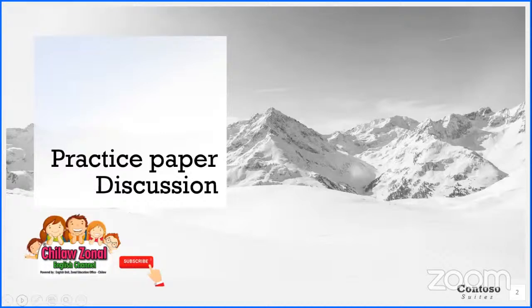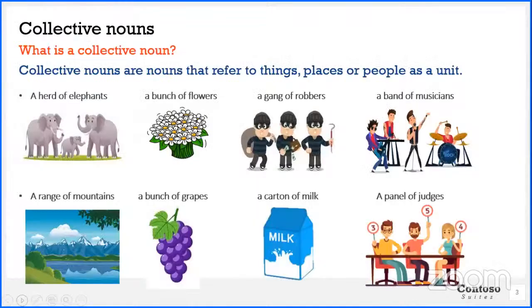Here I have given some examples for collective nouns. First, let's look at what a collective noun is. Collective nouns are nouns that refer to things, places, or people as a unit. In collective nouns, we can see a collection of things, sometimes a collection of places.